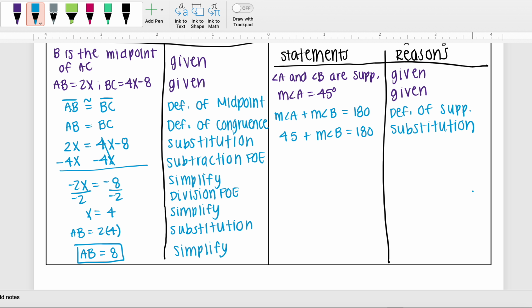Now I can go ahead and solve for measure of angle B. So I'm going to subtract 45. That's my subtraction POE. And so I get that the measure of angle B is equal to 135.